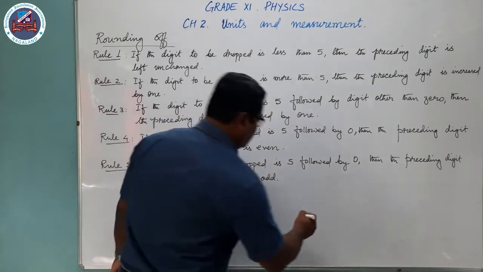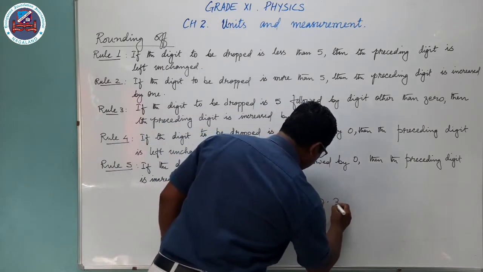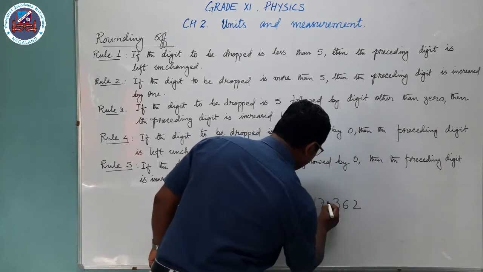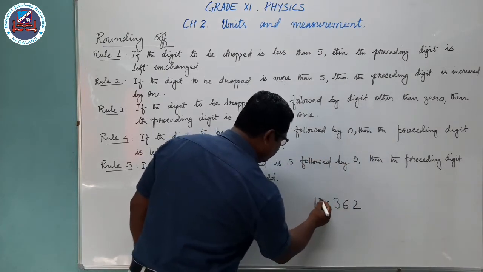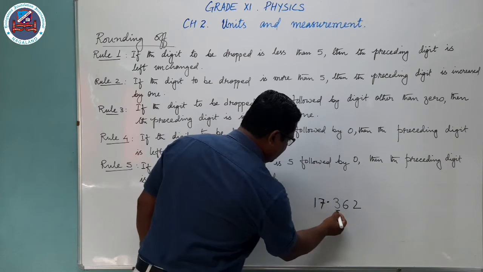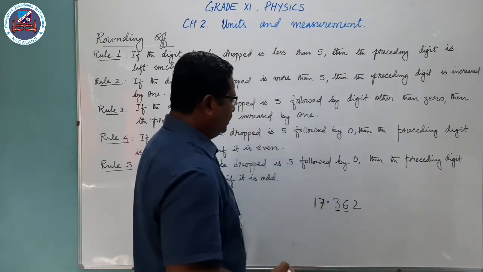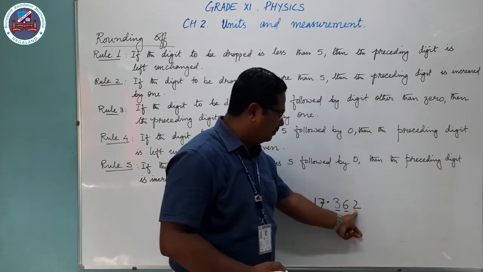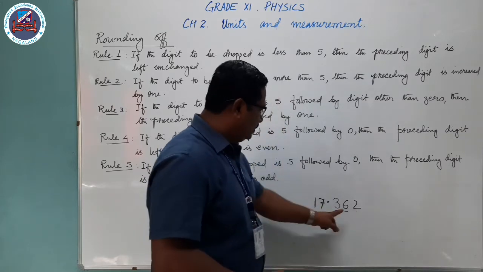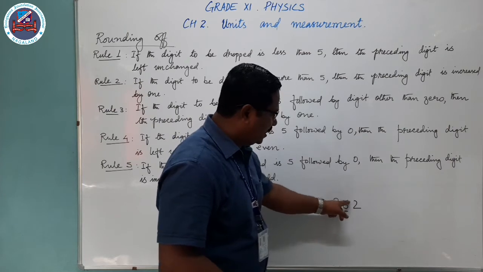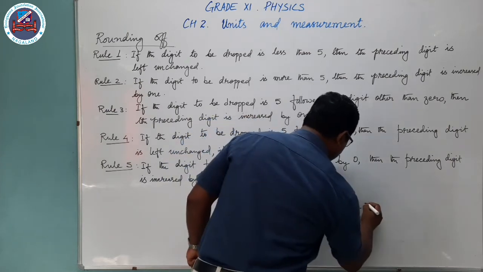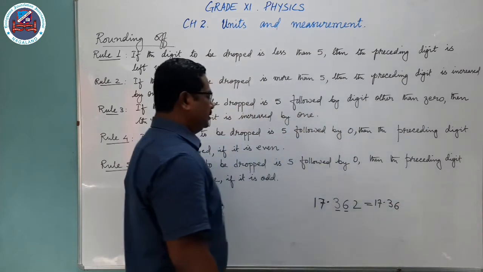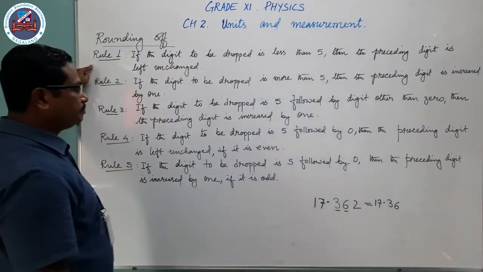Suppose 17.362, I want to round off this number up to 2 decimal places. If the digit that you are going to drop is less than 5, then the preceding digit remains unchanged. So you can write it as 17.36. That is the first rule.